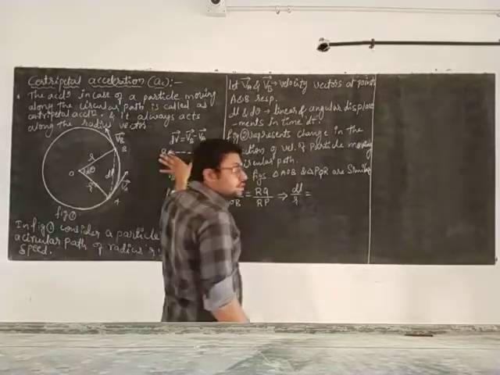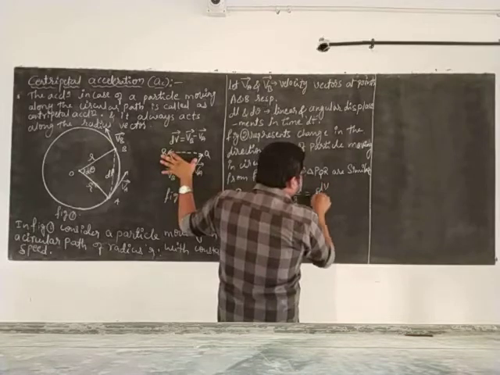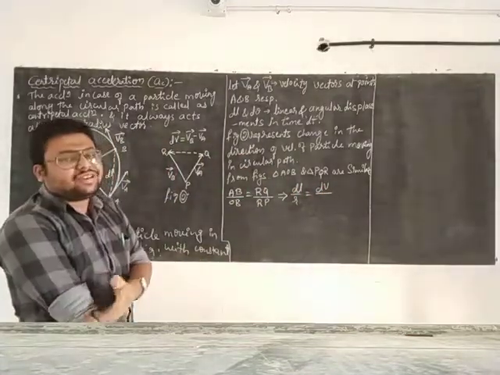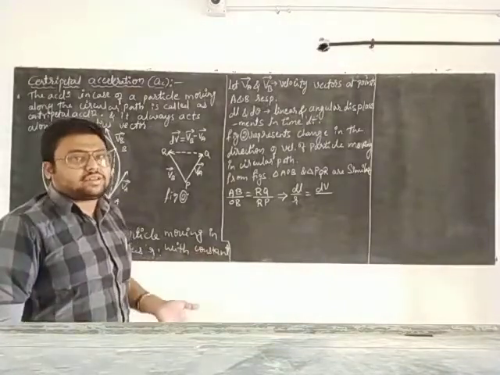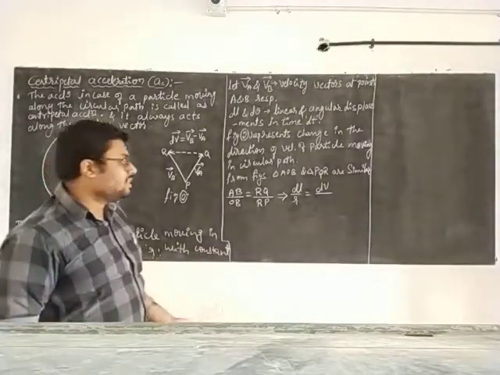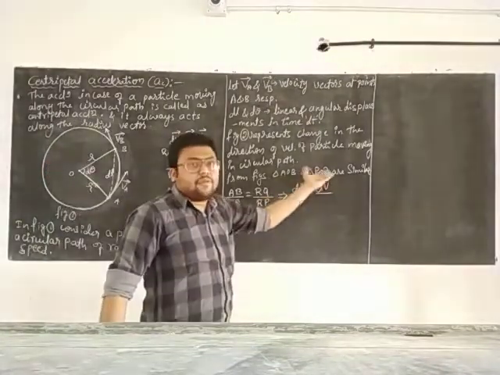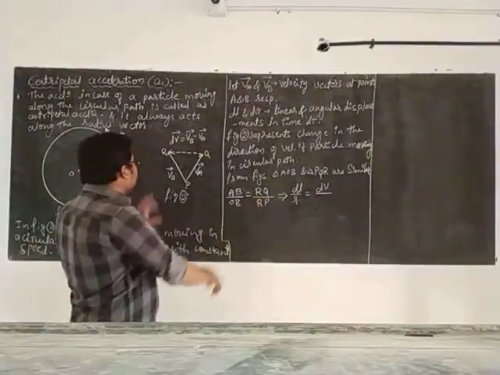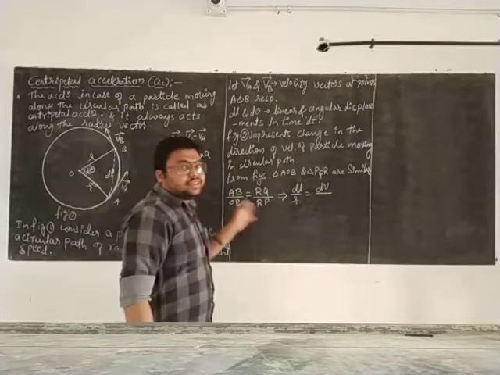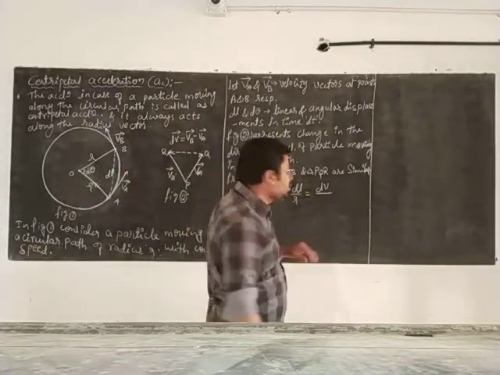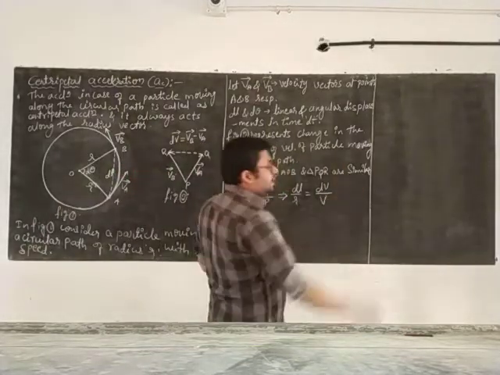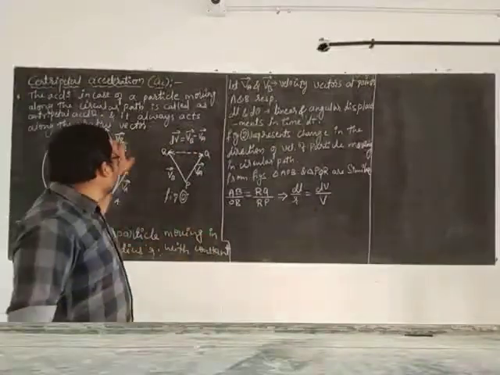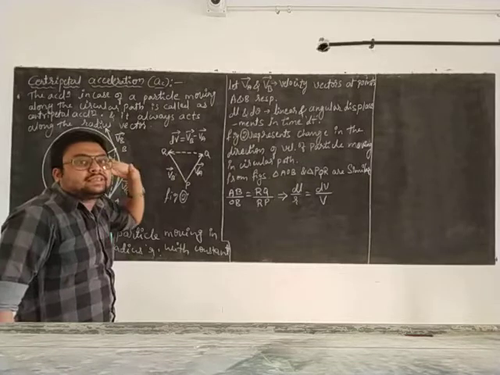R2 means what? The change in the velocity, dV. The change in the direction of velocity, or you can simply say the change in the velocity. I am not going to write any vector symbol. dV. And RC means the velocity vector at point P, so I will just write it as V, because the magnitude of VB and VA is the same.